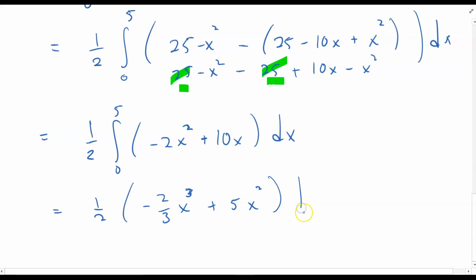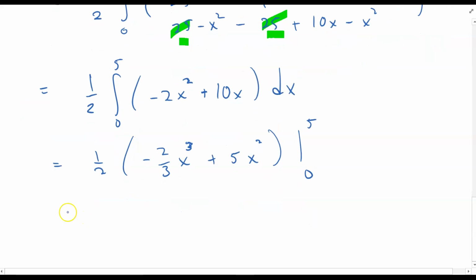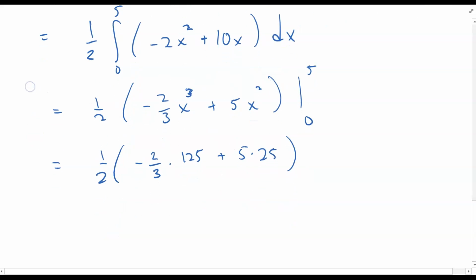And then we need to plug in 5, plug in 0, and then subtract the results. Okay, so just need to finalize this here. So what do we end up? 1/2 minus 2/3 times, put in 5 to the 3rd power is 125, plus 5 times 5 squared is 25. When we plug in 0, 0 cubed and 0 squared is 0, so it wipes those terms out, so I'm not even going to write that down.